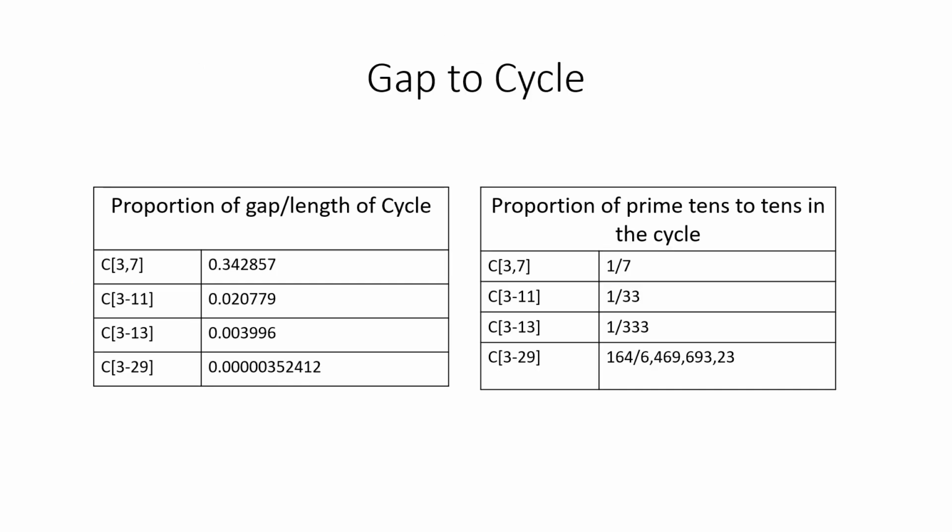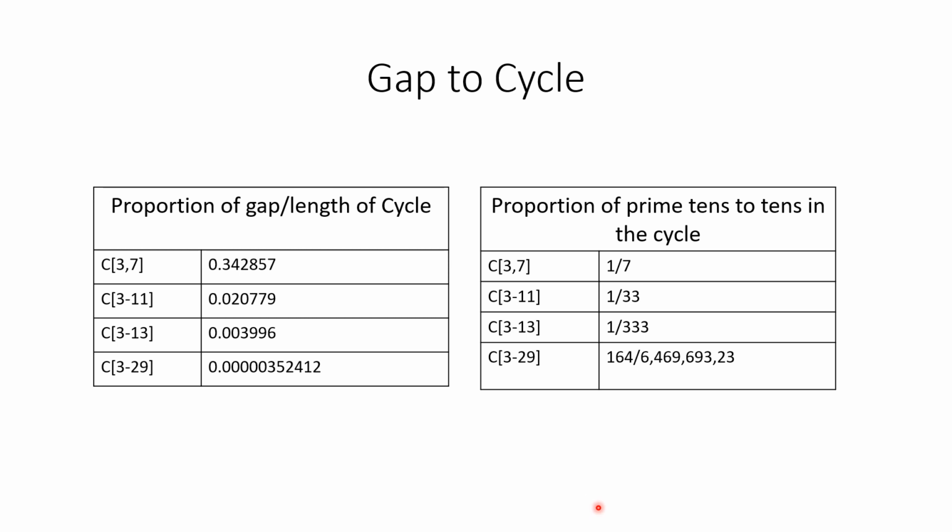You can see here the proportion of the gap to the length of the cycle in this table. You see how small the gap gets. That means that the gap is gonna be a very tiny portion of the cycle as we go up in cycles. And also you have here the proportion of tens per tenth of cycle, and they get very, very small.